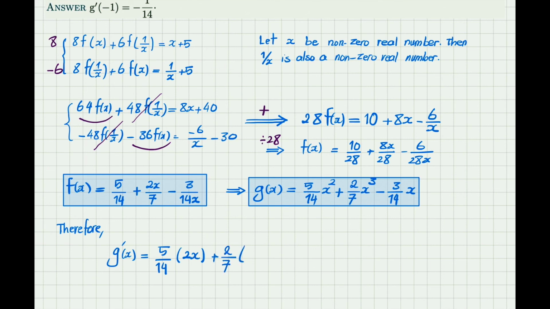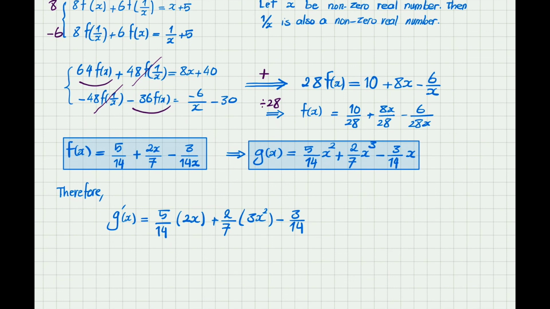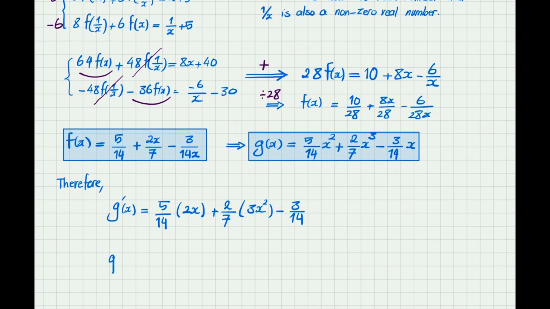The derivative of x cubed is 3x squared. And then finally I have 3 over 14. The derivative of x is 1. And if I simplify this, so g prime of x would be 5 over 7 times x plus 6 over 7 x squared minus 3 over 14. So that is my derivative.